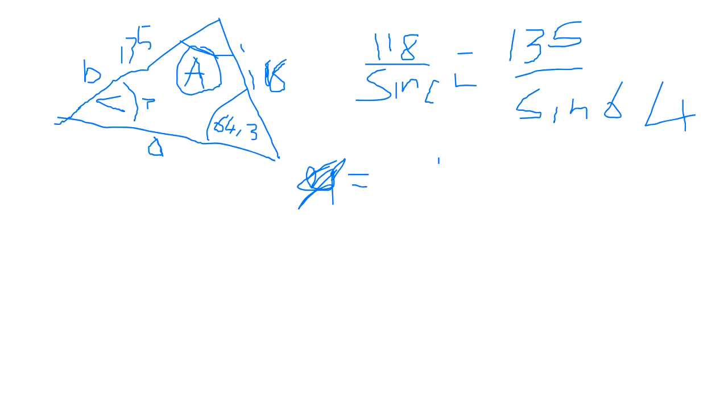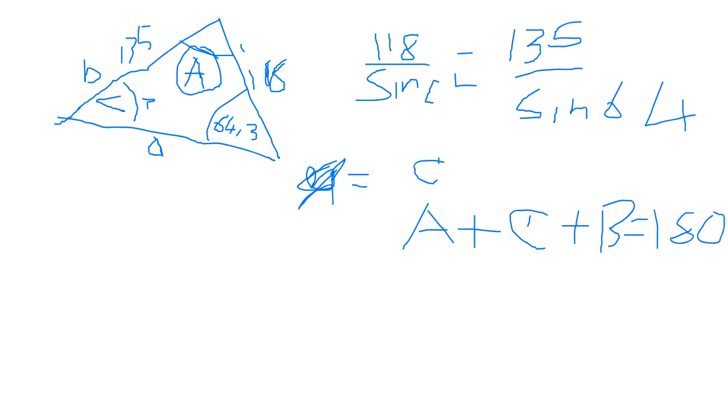So we can say angle A plus angle C plus angle B is equal to 180. You know C already, so you can find A. So once you know A, then you can use the cosine rule, as you said earlier.